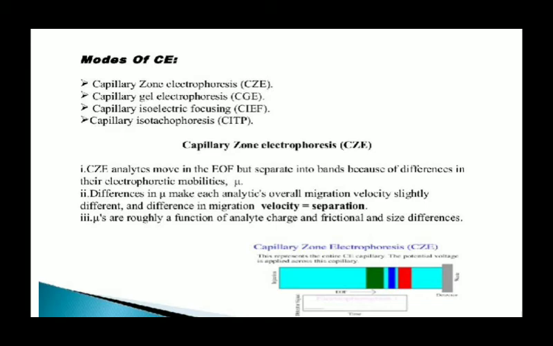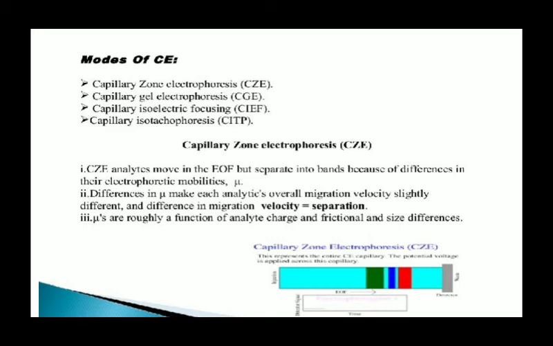In capillary zone electrophoresis, analytes move in the electroosmotic flow but separate into bands because of the difference in their electrophoretic mobility. That's why it is named zone, because the result we obtain is in the form of bands.